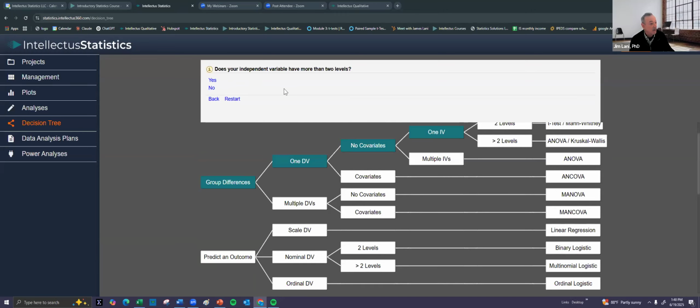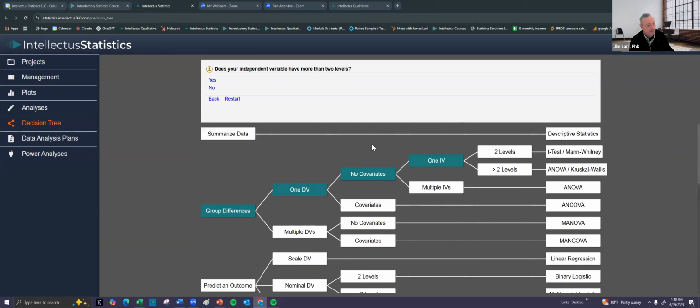And here's that level business, right? If it's 2 levels, I'm going to wind up in a t-test. If it's more than 2 levels, I'm going to wind up with an ANOVA. So, does it have more than 2 levels?